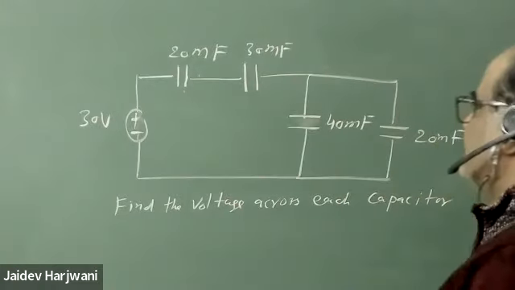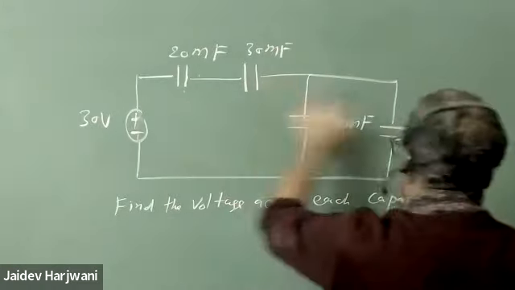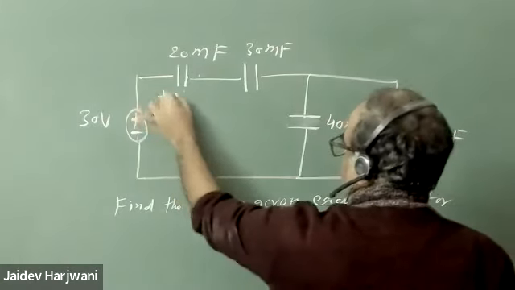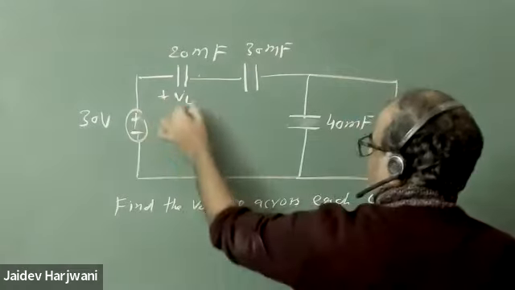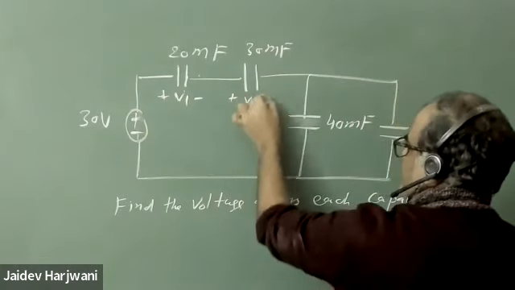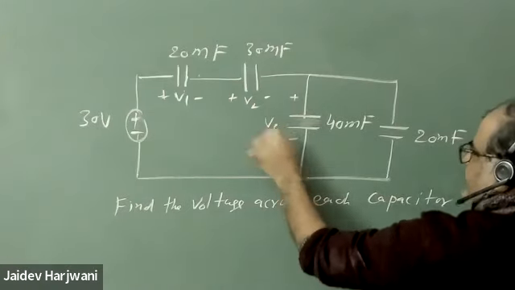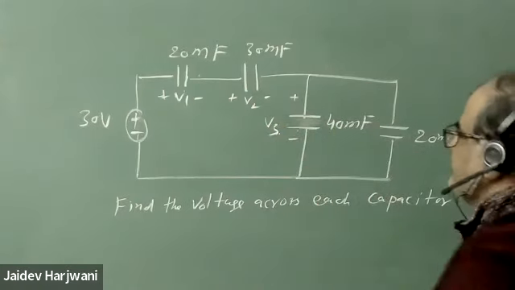Now calculating the voltage across each capacitor is pretty simple. So say here the voltage is V1. Okay, say here the voltage is V2. Say here the voltage is V3. So they are parallel, so the voltage will be the same.